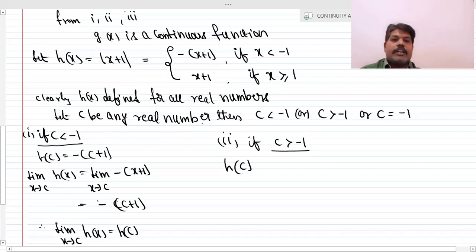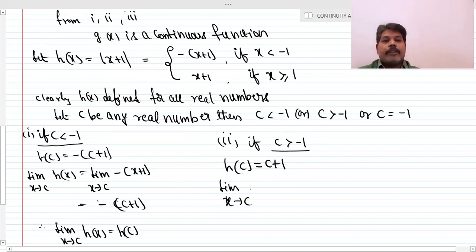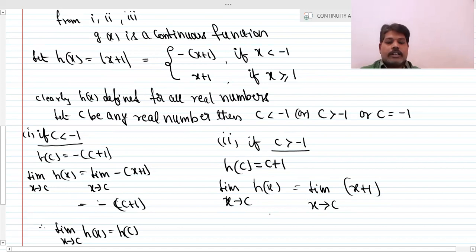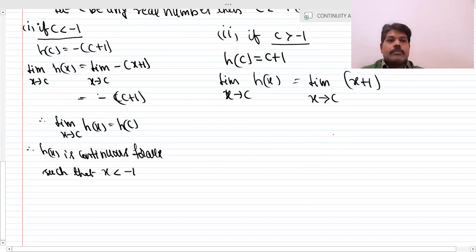So automatically it will become c plus 1. So the limit as x tends to c of h of x, the limit of h of x will become x plus 1, so that is equal to c plus 1.